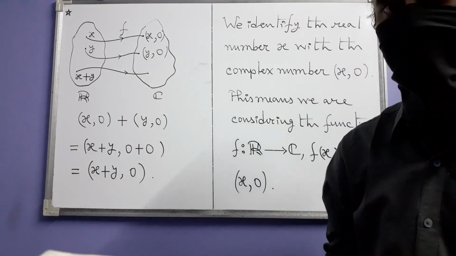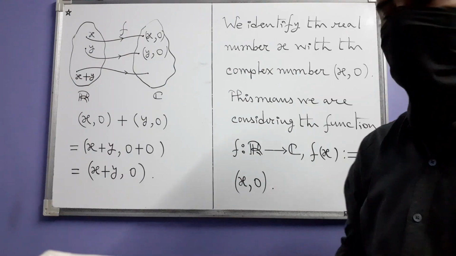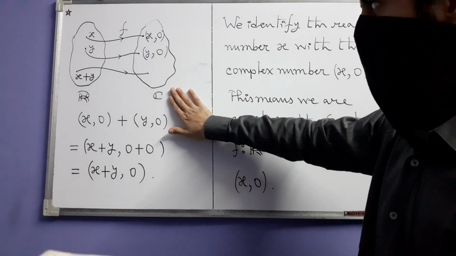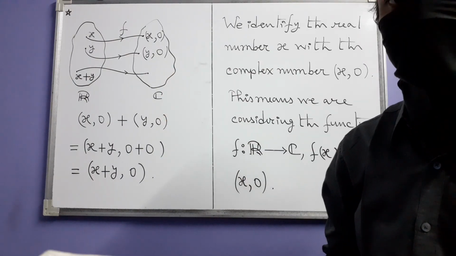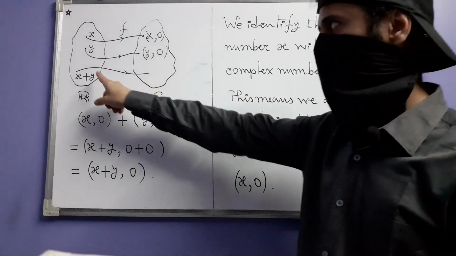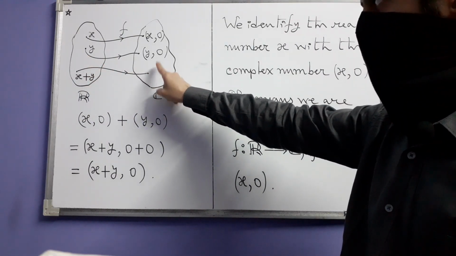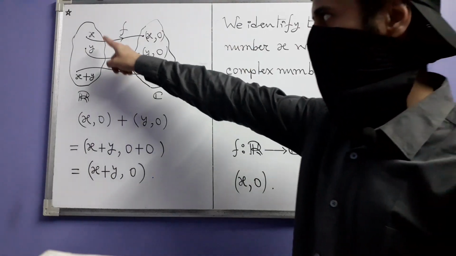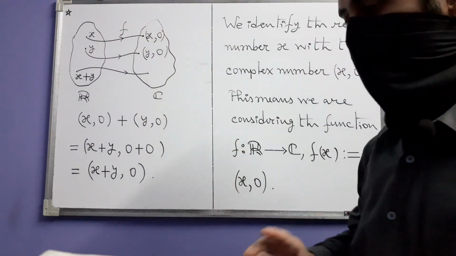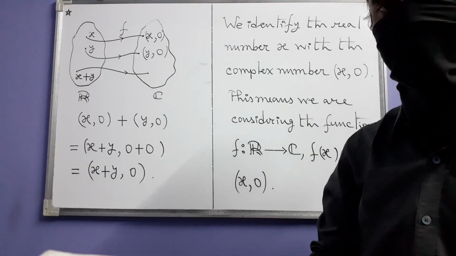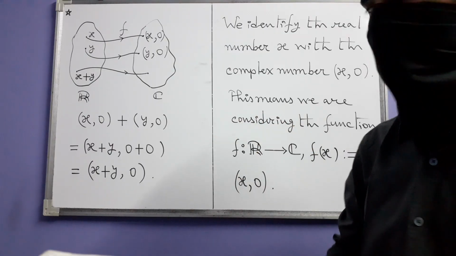Universe sounds very dramatic, but actually just sets. The other universe is the universe of complex numbers. The objects that you have here are fundamentally different from the objects that you have here. Those are real numbers. These are ordered pairs of real numbers, different types of objects.